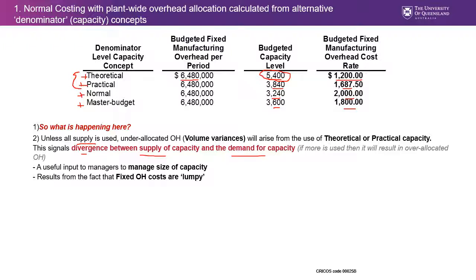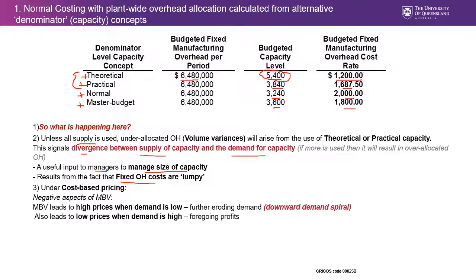And so having information that we've over or under allocated overhead enables managers to make decisions to manage the size of their capacity. And really this over or under allocated overhead is based on the fact that fixed overhead costs are lumpy. We make decisions so that fixed costs are fixed for a certain period of time and within a certain relevant range, and therefore they're lumpy. We can't change that in the immediate future.